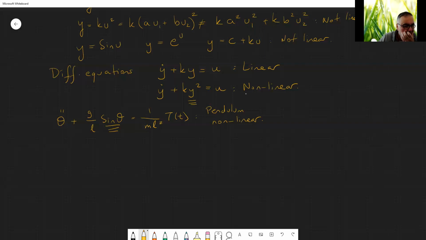But remember that we tried to make it approximately linear by saying that theta is approximately equal to sine theta for small theta, so that we made an approximate linearization. We said that theta double dot plus g over L theta equals 1 over m L squared T is the linear version of it. Linear, but it is approximate.